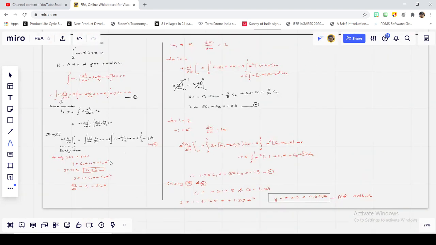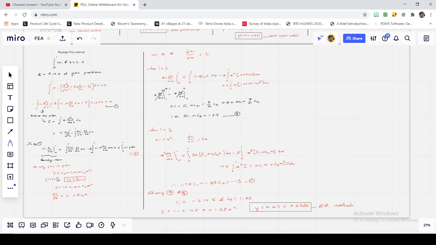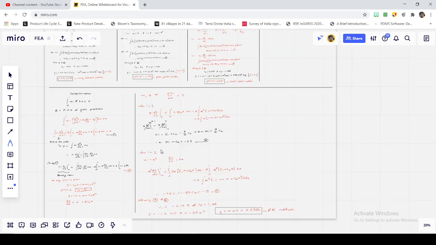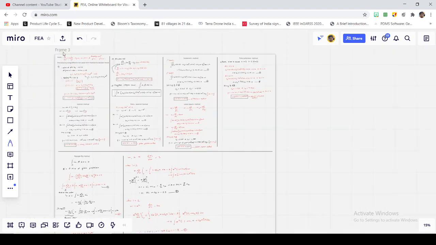Substitute the values of given equation, use the value of approximation y, and get the two values of I1 and I2 with two equations C1, C2. Simultaneously you can solve to get the value of C1 and C2. Okay, so this is the procedure of RR method, we solved the same example using all the methods now.